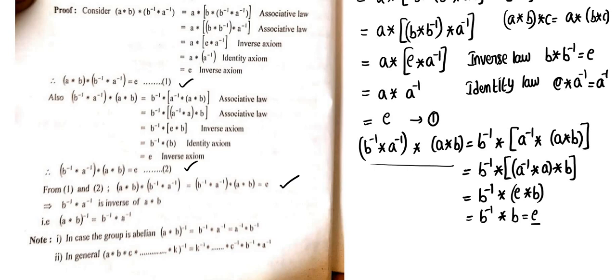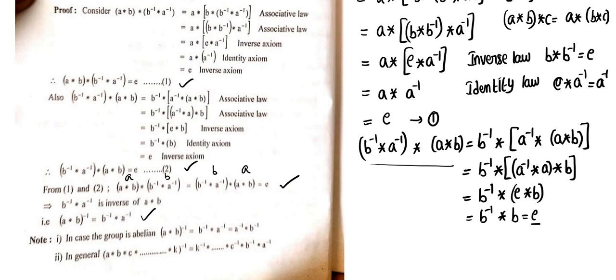Once you observe this step, consider this as a, this as b: a * b equal to e, so we can say that b is the inverse of a. Two elements are multiplying and the identity element is coming, which means b is the inverse of a. So therefore (a * b)^-1 equals b^-1 * a^-1.